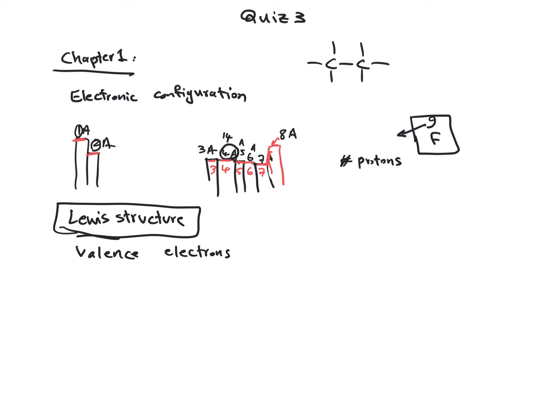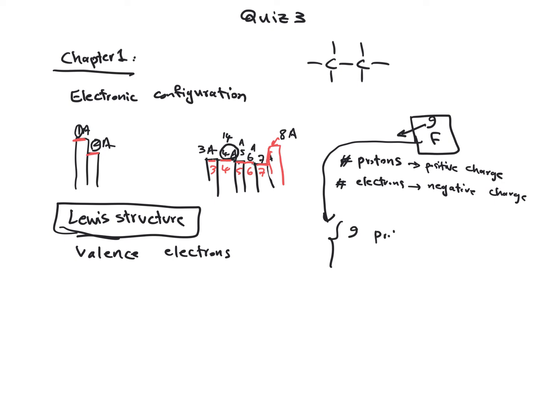But atoms themselves are neutral, and since protons have positive charge, there should be the same number of electrons, which have negative charge, for them to be neutral. This is a question that I ask my students in 101: how many protons and electrons does one fluorine atom have? The atomic number is 9, so it's 9 protons and also 9 electrons.